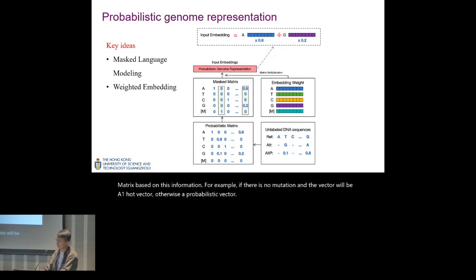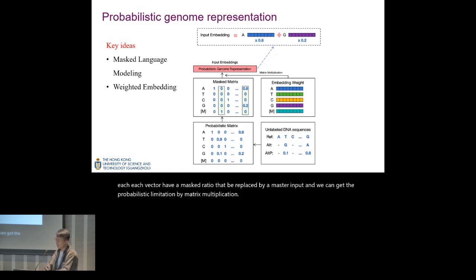So we can achieve a masked matrix by using masked language modeling, which means each vector has a masked ratio that is replaced by a masked input, and we can get the probabilistic genome representation by matrix multiplication.